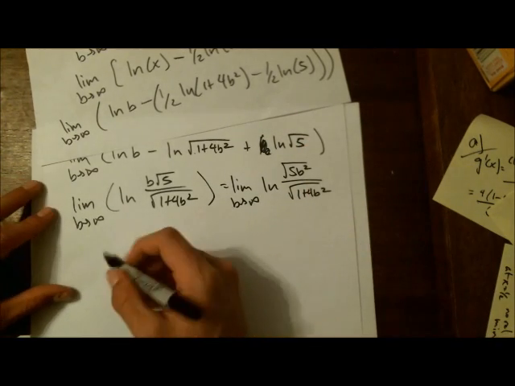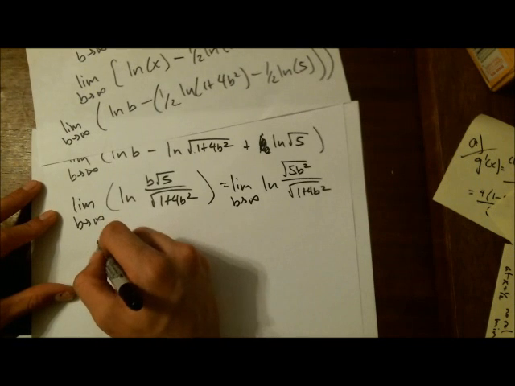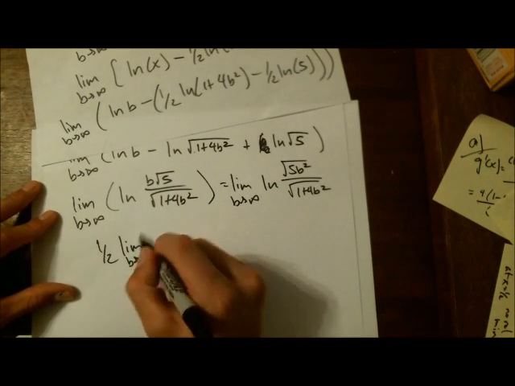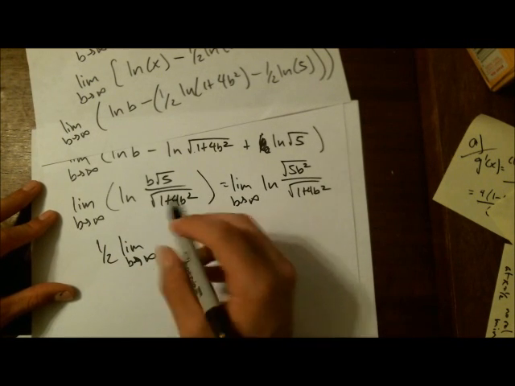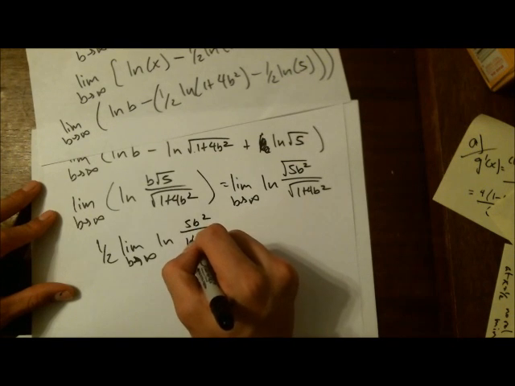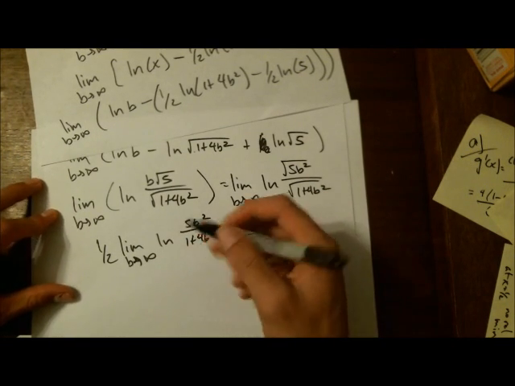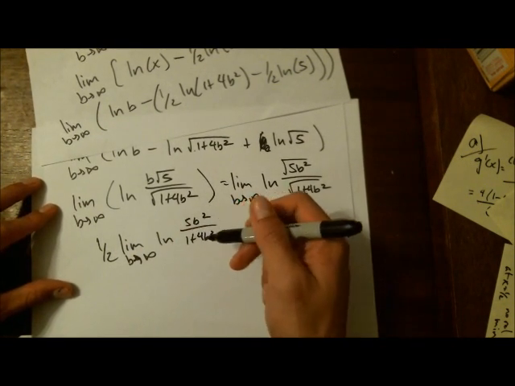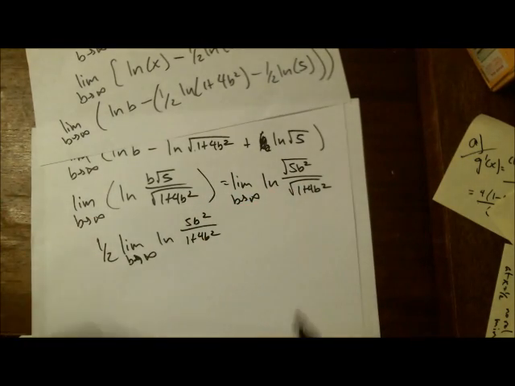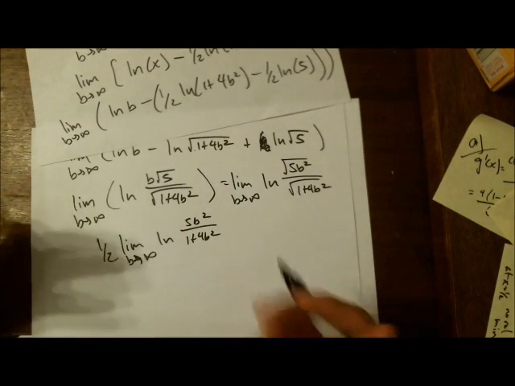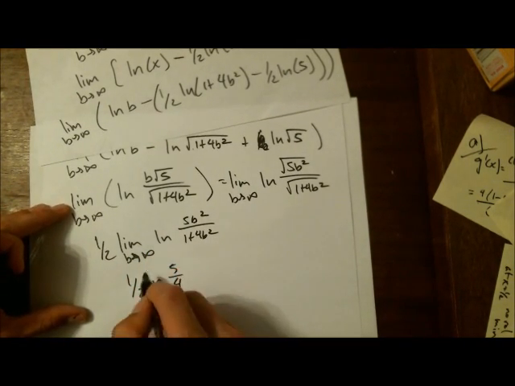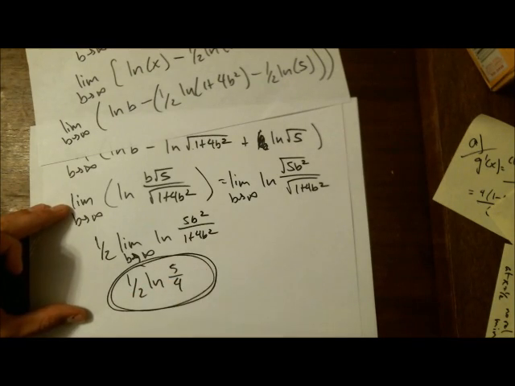You probably don't have to do that in the first place, but it certainly makes things easier when it comes to the logic here at the end. Looking at this, your answer in almost its final form, you can plug in for b, and the limit of this is 5/4, or the natural log of 5/4. So you have 1/2 times natural log of 5/4, and that is your answer.